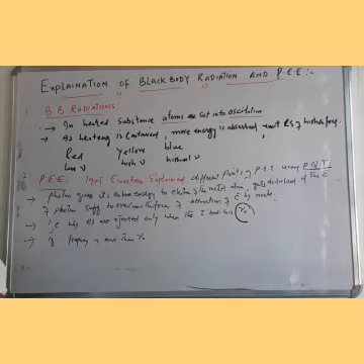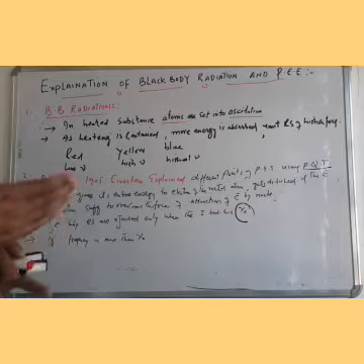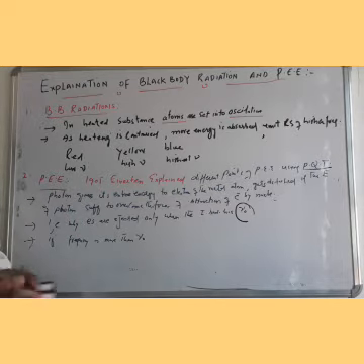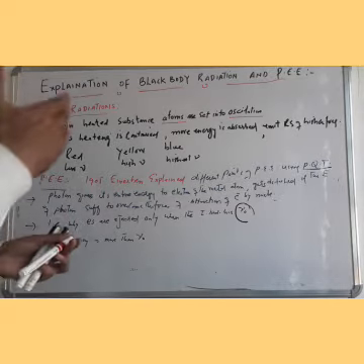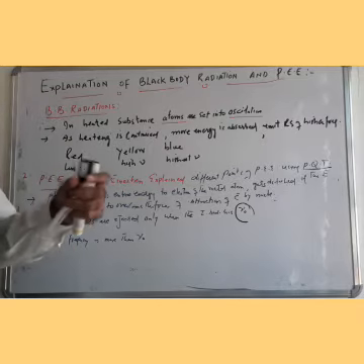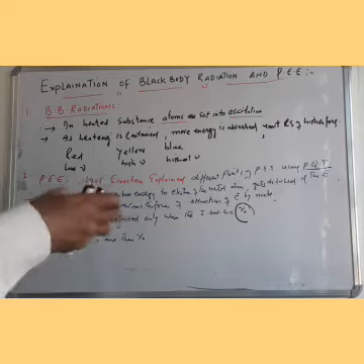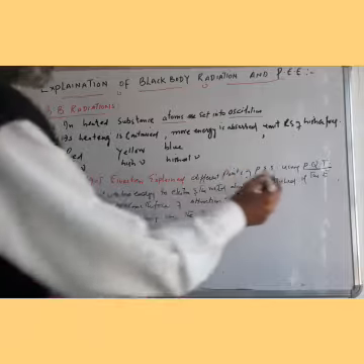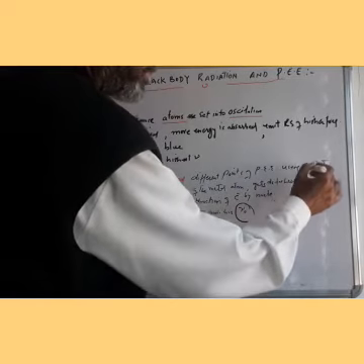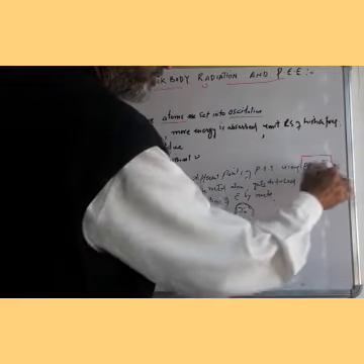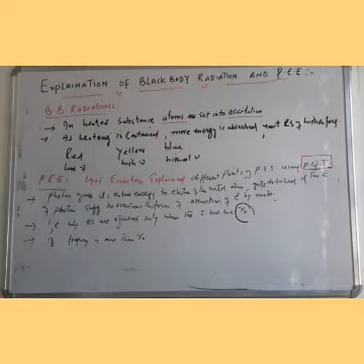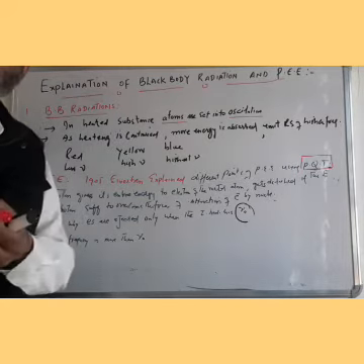Now we'll take different points of photoelectric effect. Einstein in 1905 explained different points of photoelectric effect by using PQT, Planck's quantum theory. What is the first point?